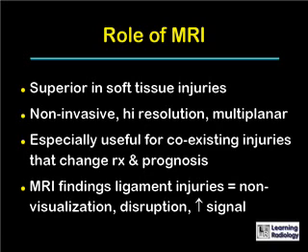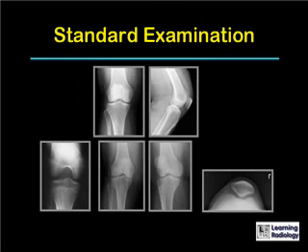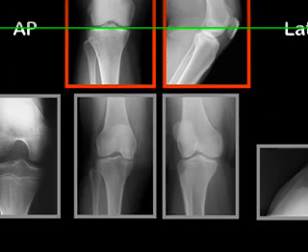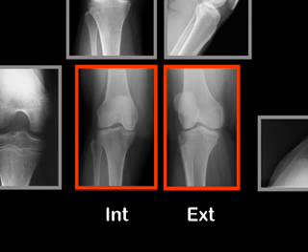We're going to concern ourselves primarily with the findings on conventional radiographs. A standard conventional examination of the knee will always include an AP and a lateral view. In some institutions, it may also include an internal and an external oblique projection of the knee.